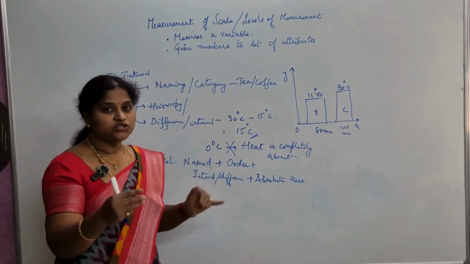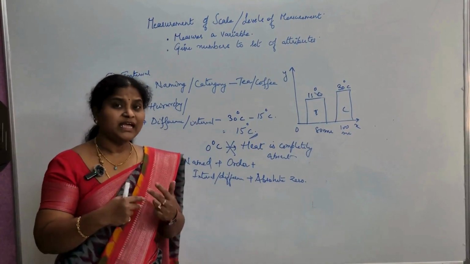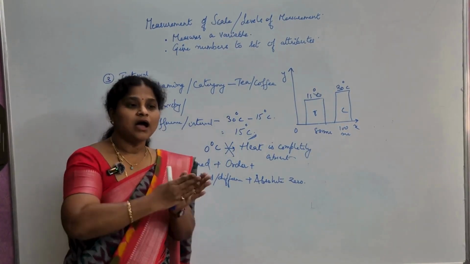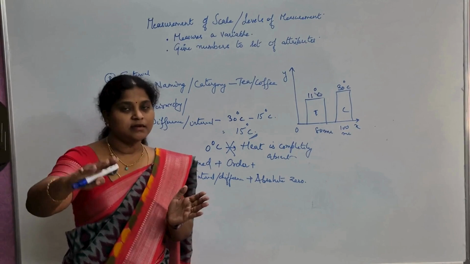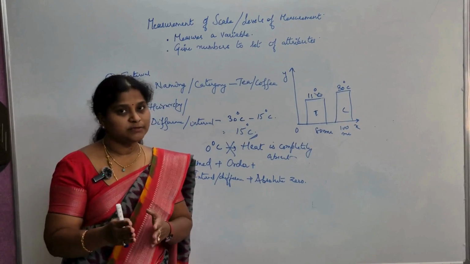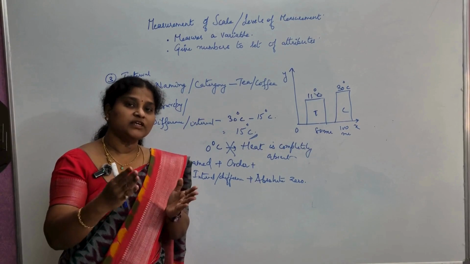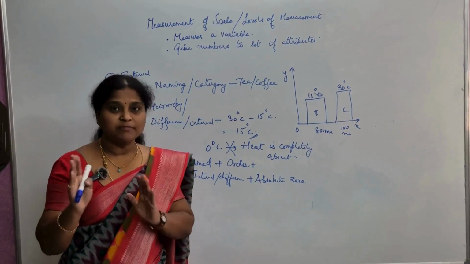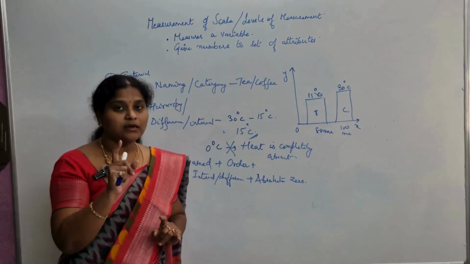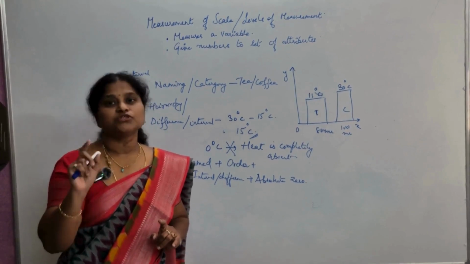That is the difference. So at the first level, only naming or categorization of data is done. In the second level, that is ordinal data, naming is done along with a hierarchy of order. In the third level, that is the interval level, the difference between two categories can be mentioned, but the absolute zero is not. Here zero does not mean the complete absence of anything.